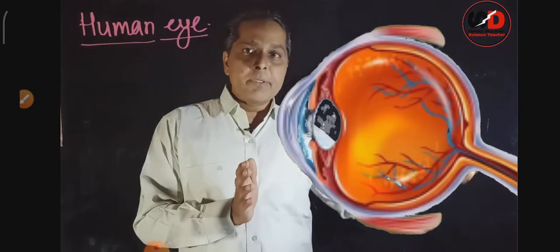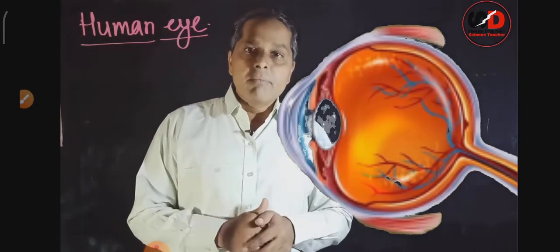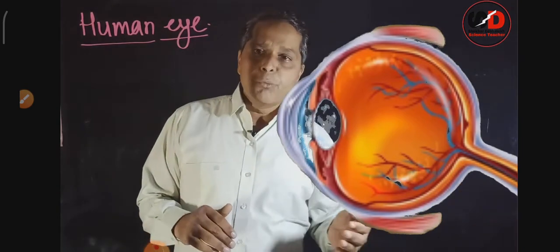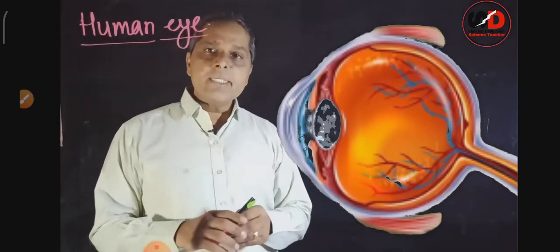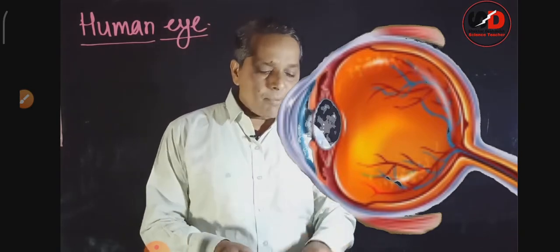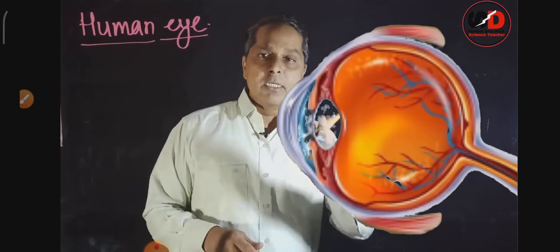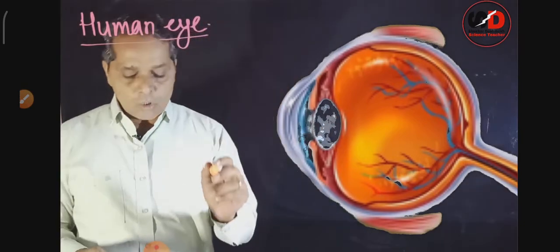The eyeball is present, which is fitted in our body, and this human eye has various parts. The very important part, the first part that we are going to discuss, is the cornea.